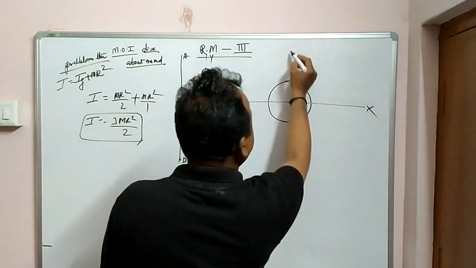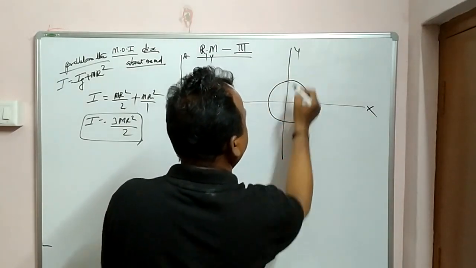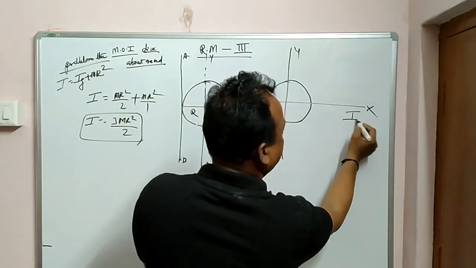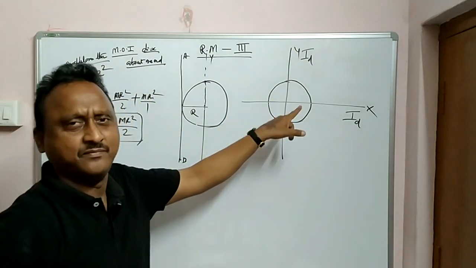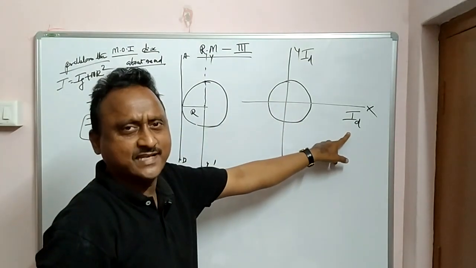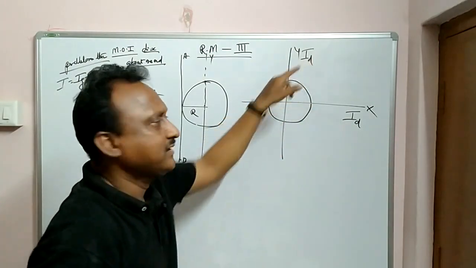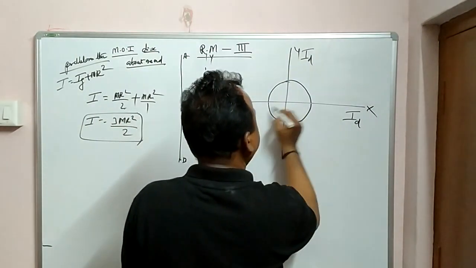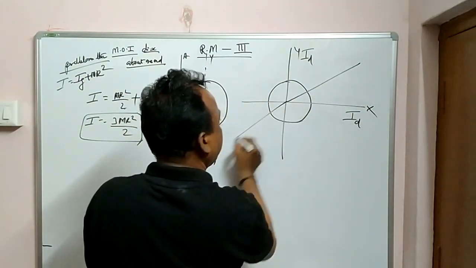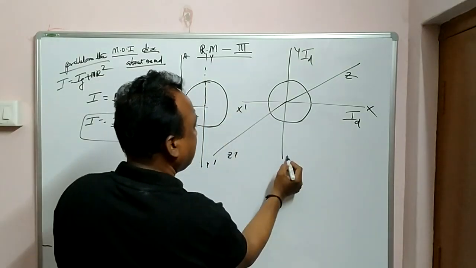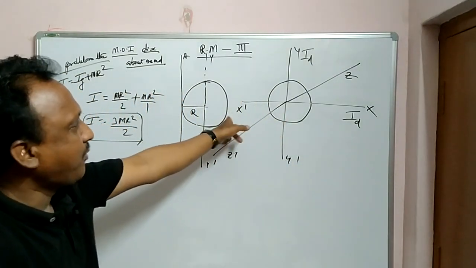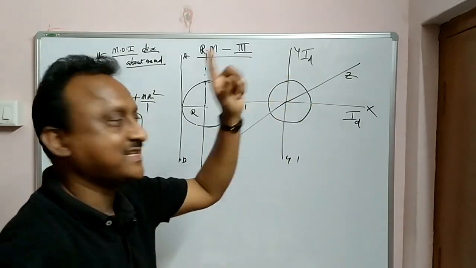This is the x-axis, this is the y-axis. These are 2 diameters; let the moment of inertia about a diameter be Id, and both diameters are the same. Let the moment of inertia about the x-axis be Id and about the y-axis be Id. So how to get it? Let another axis be the z-axis, passing through the center, z dash. Now to get the moment about the diameter you can use the perpendicular axis theorem.